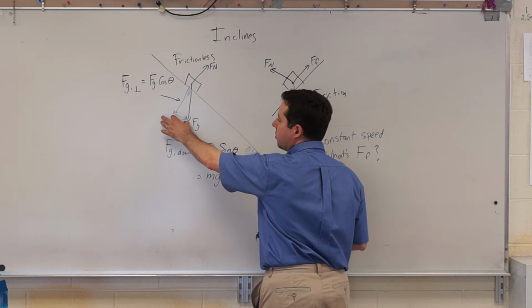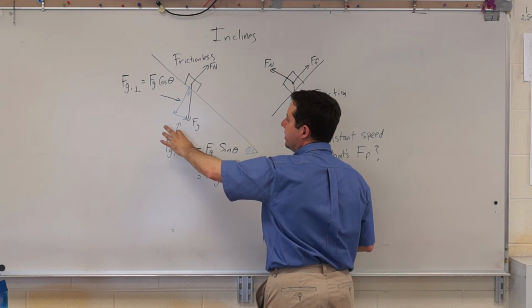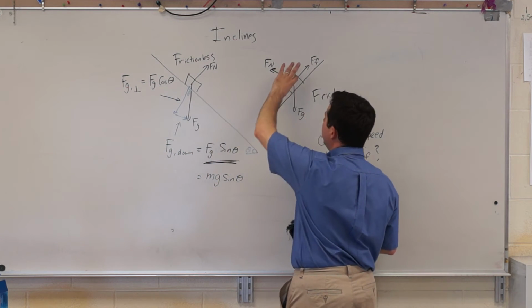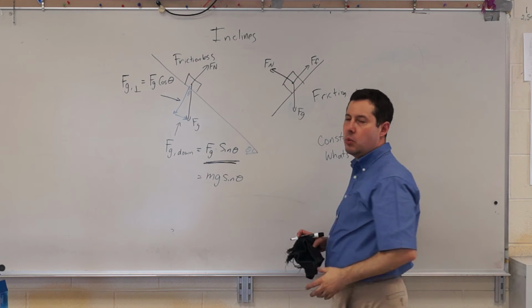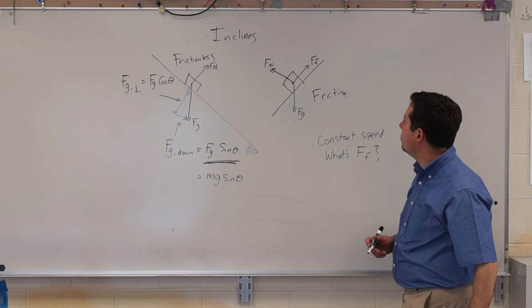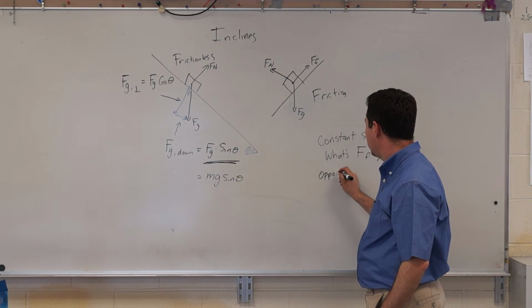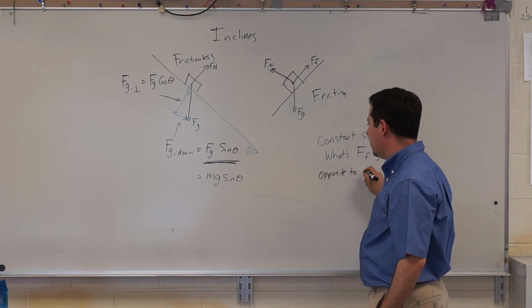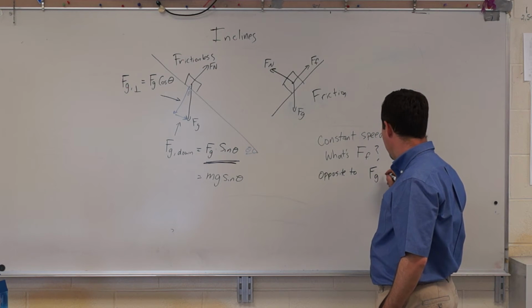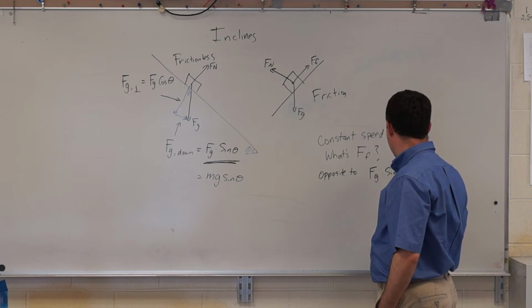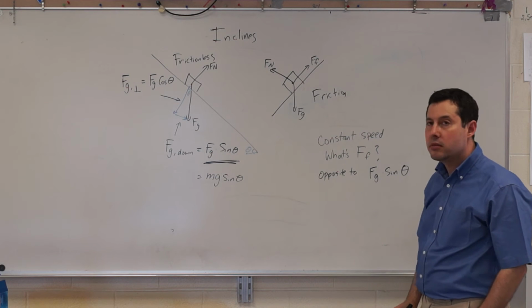Here, there's nothing to slow it down, so this component takes it down. But as soon as you add friction, that component down has got to be equal and opposite to the force of friction. So in this case, it's opposite to F sub g times the sine of your angle theta.